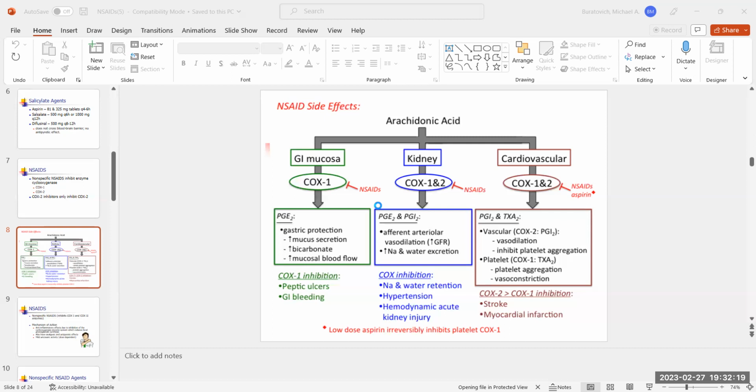Indomethacin, I think I should mention, is used in neonates who have patent ductus arteriosus. So the ductus arteriosus is a bypass between the aorta and the pulmonary vein. The reason you have that bypass is that the lungs are the last thing to mature in the fetus.